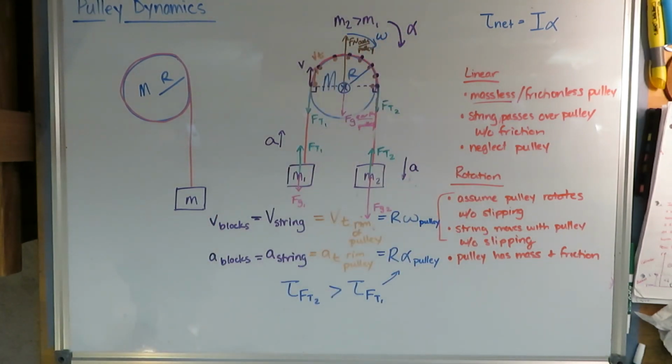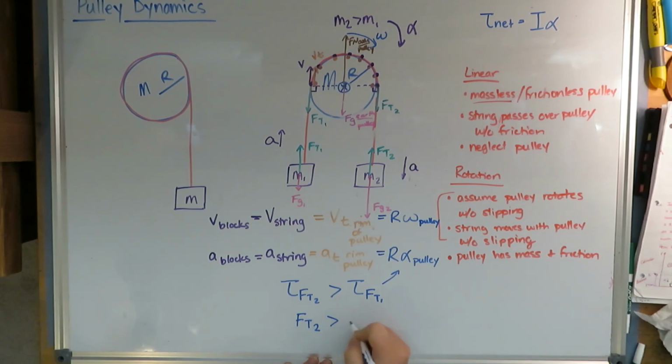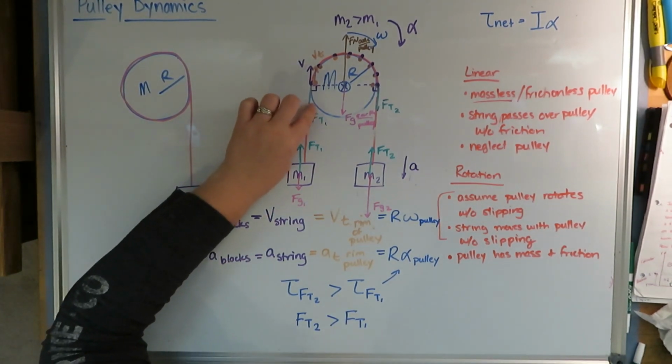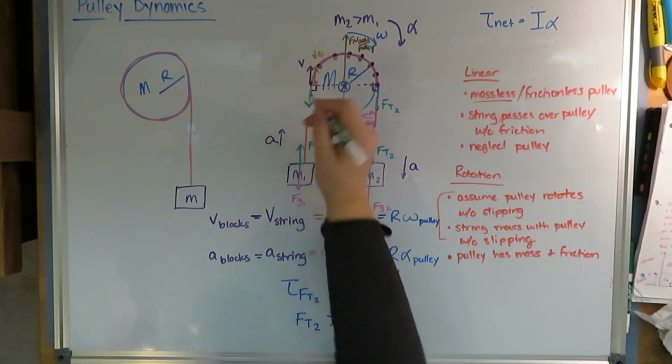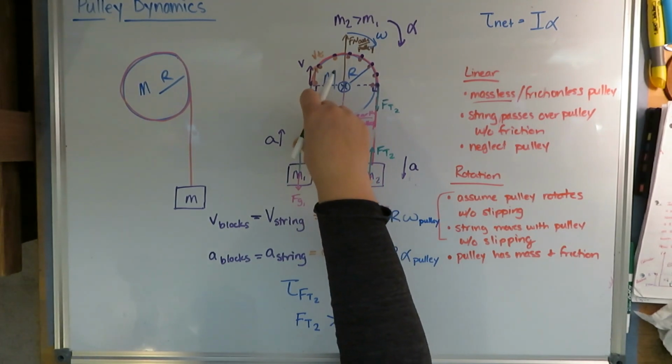F_T2 must be bigger. So that means that F_T2, because they act at the same radius, must be larger than F_T1. So I'm going to make F_T1 a little smaller here, because they cannot be the same.